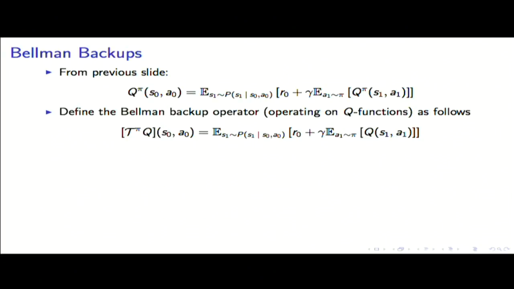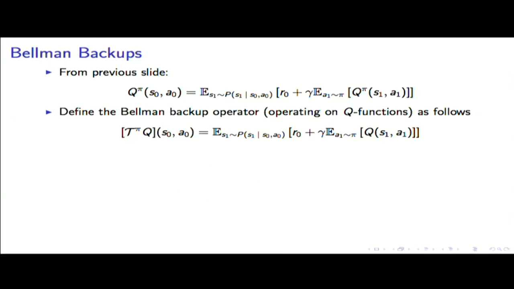Okay, so those are the Bellman equations that the Q function should satisfy, and we can also define this backup operator. The backup operator is where you take the right-hand side of the Bellman equation, where you're looking into the future, and consider an operator that acts on Q functions, where you take the old Q function and substitute it in for where Q appears on the right-hand side of the Bellman equation.